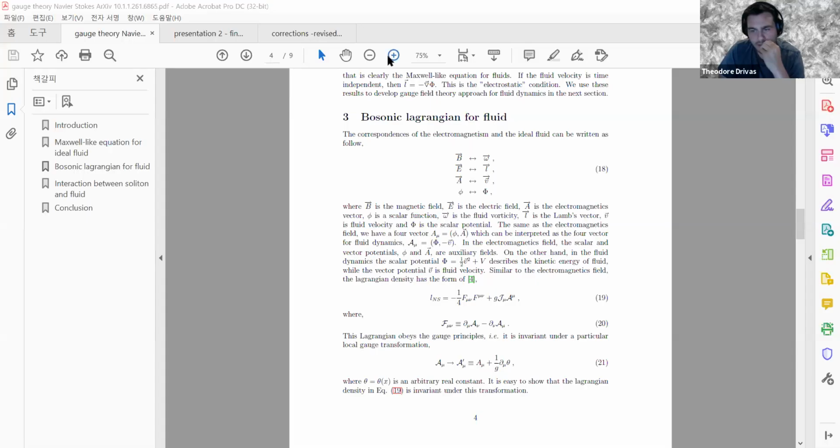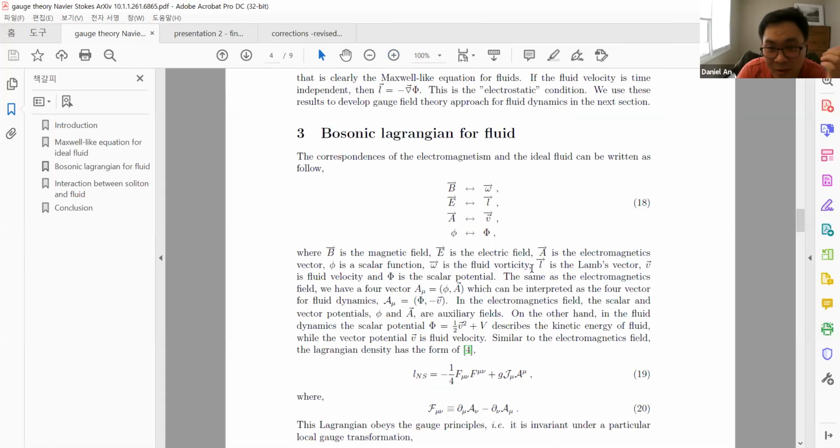Daniel, do you agree with what I'm saying, or do you understand something different? I'm not too sure what it means for phi to just go away. I was actually more worried about this small phi to capital phi. So this correspondence holds between electromagnetism and fluid dynamics.